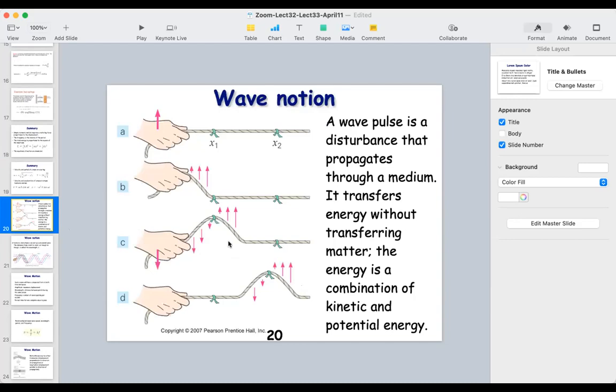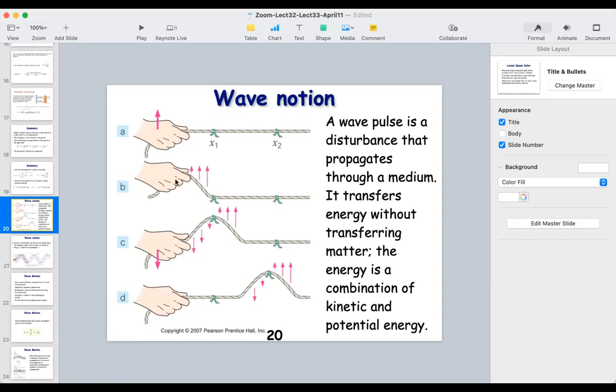So next week, we are going to see wave motion. A wave pulse is a disturbance that propagates through a medium. You probably have done this, maybe even as a workout. I hate that workout actually, when you use the ropes and with both arms you go up and down. It's a killer, but it's really good.